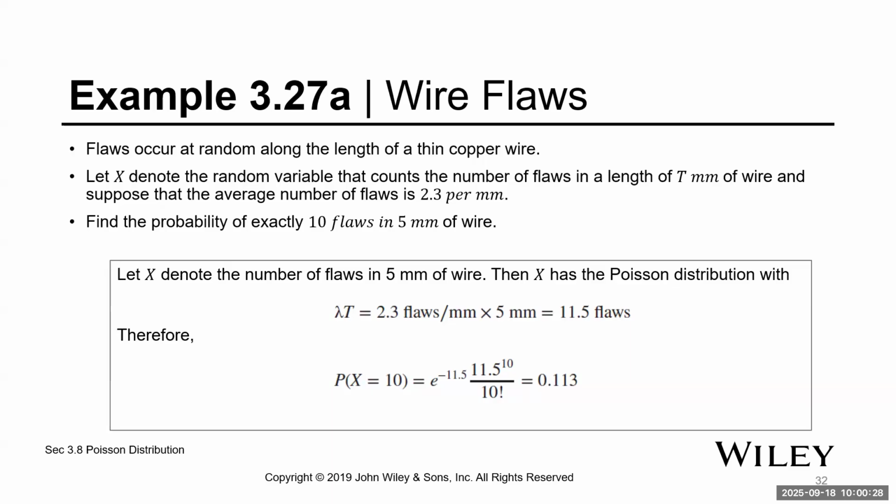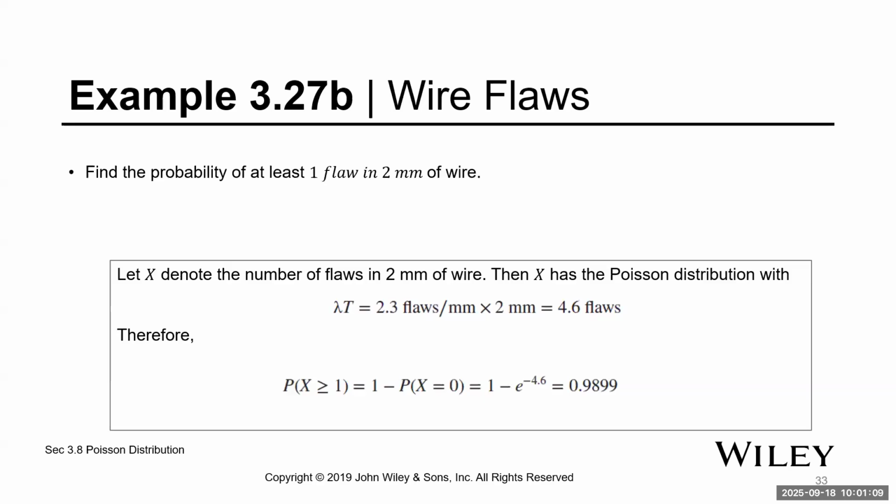So my first thing in this formula is to figure out my lambda t, and that's going to be 11.5 flaws. That's the rate. So what's the probability of exactly 10 flaws in that given length of wire? I have e to the negative 11.5, and then I have 11.5 to the 10th over 10 factorial. And sorry, it kind of comes out weird. The divisor symbol didn't go the whole length of that. Sorry about that. And so that equals 0.113.